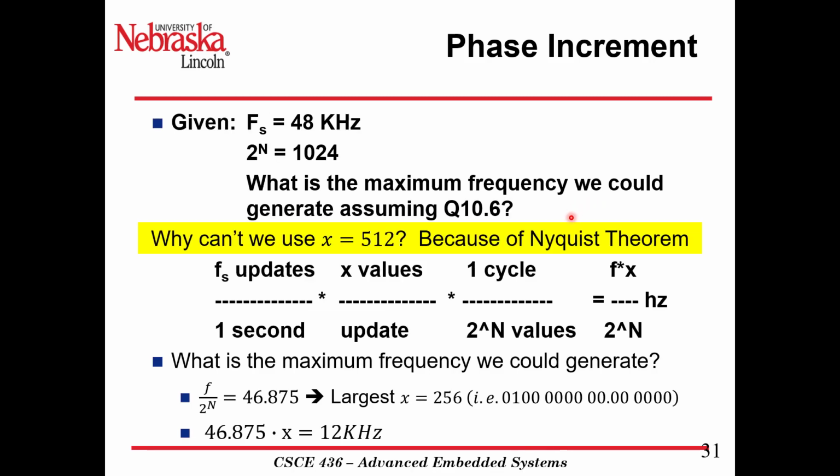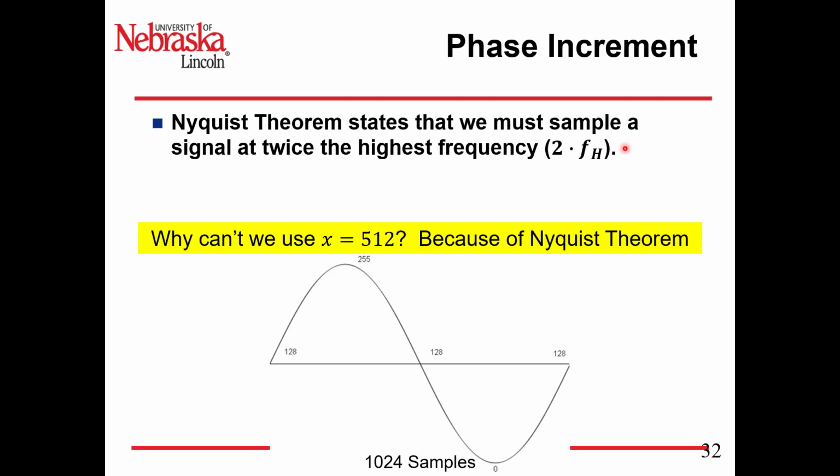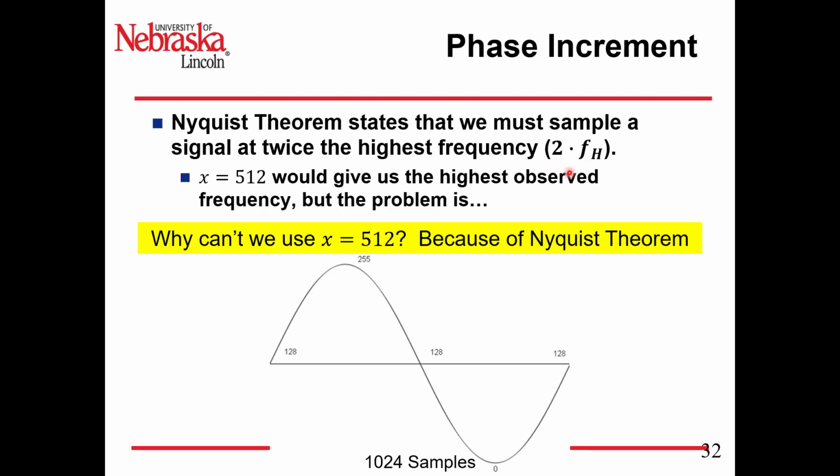So if technically the highest frequency would be 12, I need to sample at twice that highest frequency to get our output signal, because the highest observed or output frequency we can do would be essentially 24 kilohertz, half of the sampling frequency, because we're trying to represent a sound wave, right?